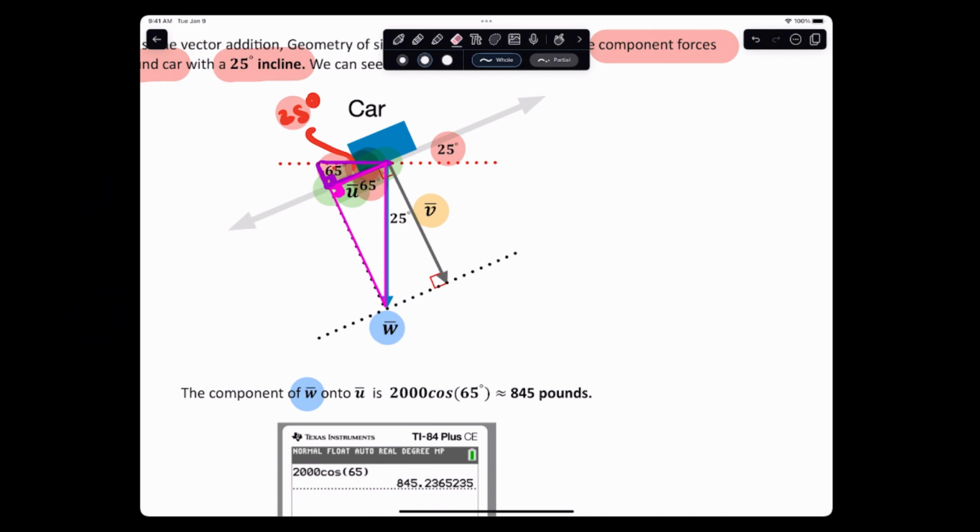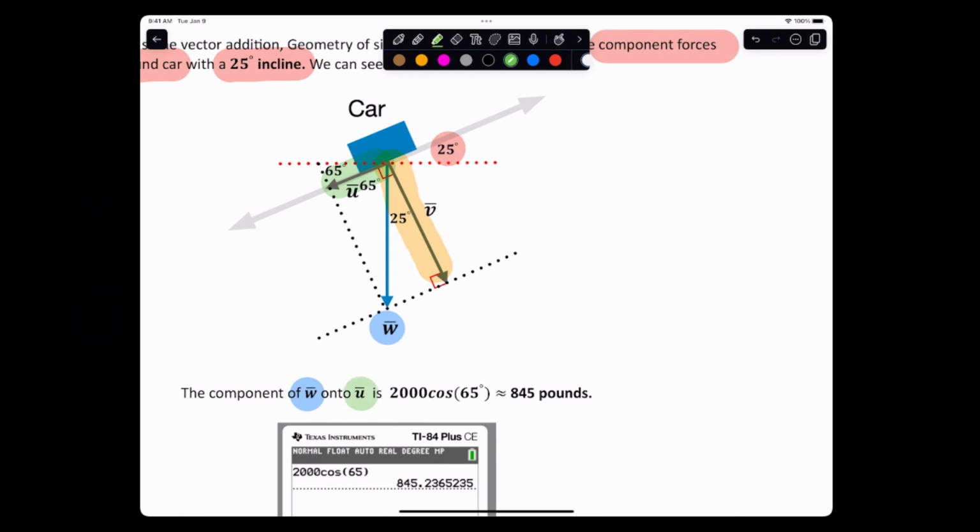So I think it's going to be better if I remove some of these things and say we're looking for the shadow here. And then we're going to look for the shadow over here. And that's all. So we want the component of W onto what?